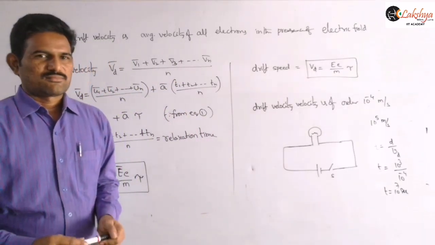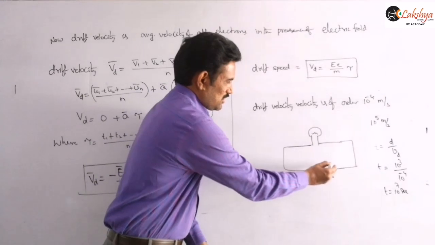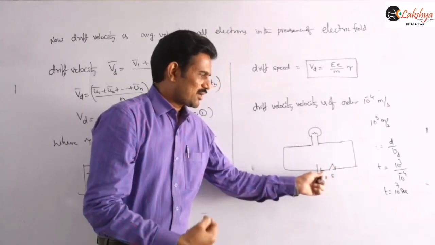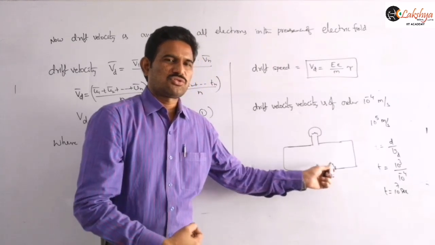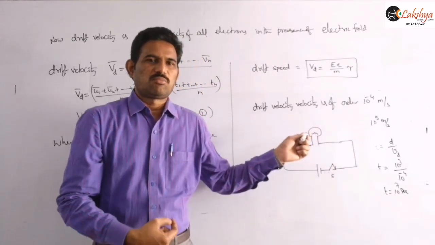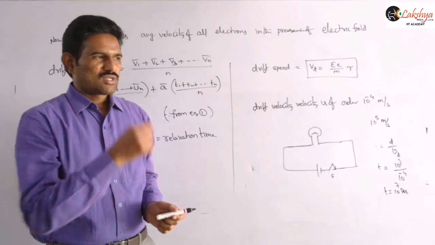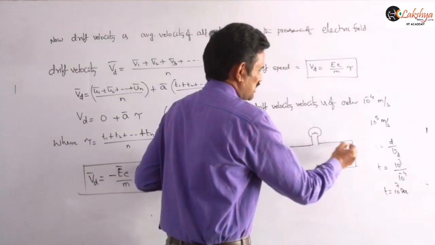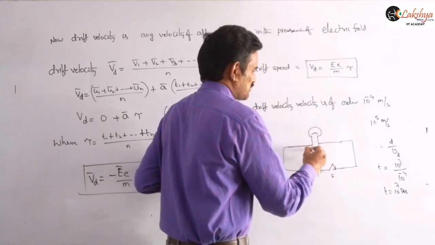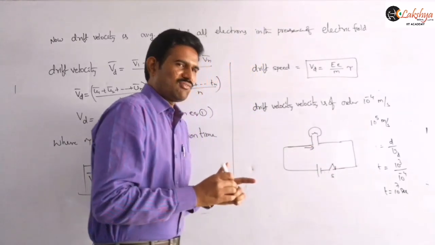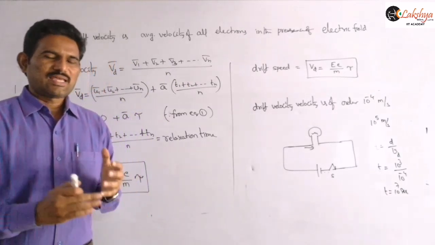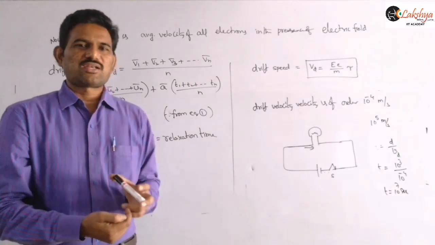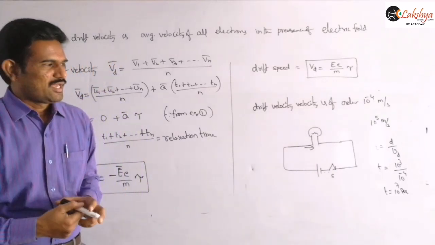The reason is that the electrons from the battery or from the switch are not reaching the bulb to make it glow. Once you switch on the circuit, an electric field develops inside the conductor, and the field travels with the velocity of light in vacuum, 3 into 10^8 meter per second.